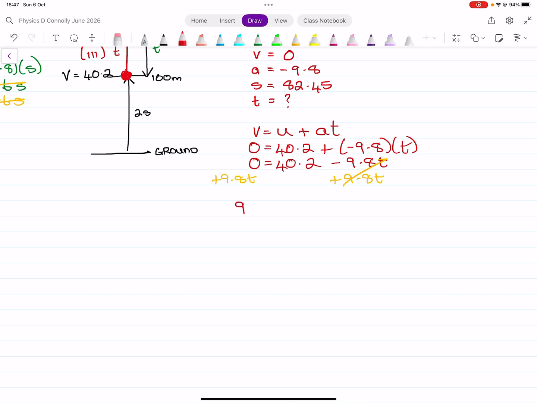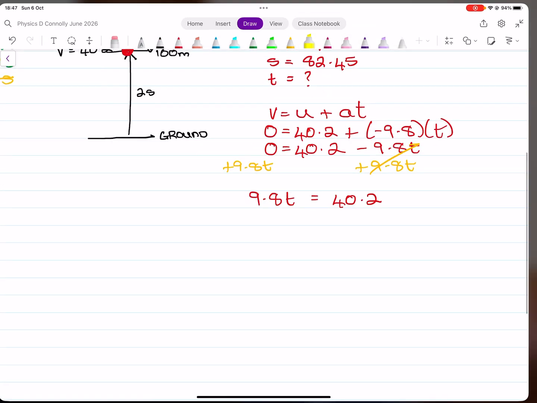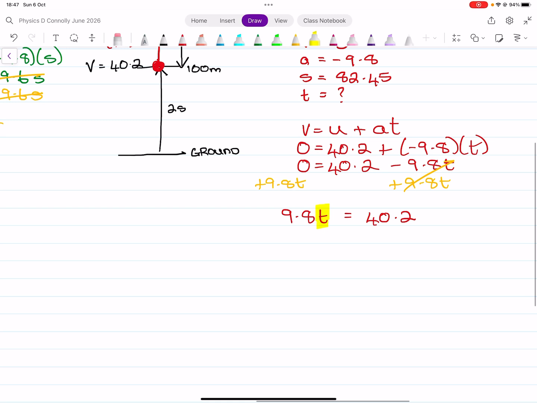So that is 9.8t equals 40.2. I want to isolate the t, so I'm going to divide by 9.8. So t is 4.102.